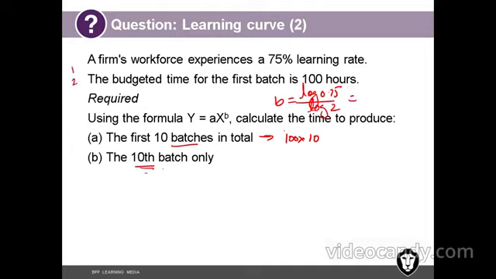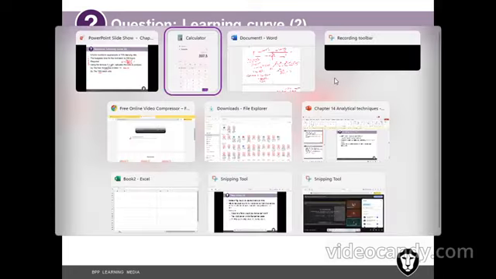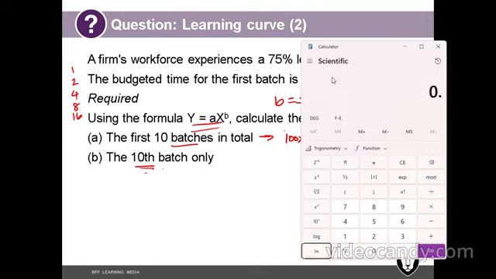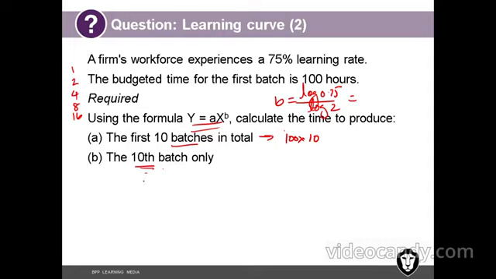If you start from 1, 2, 4, 8, 16. For 10, I have to apply this formula only. Log 0.75 divided by log 2 gives minus 0.415.